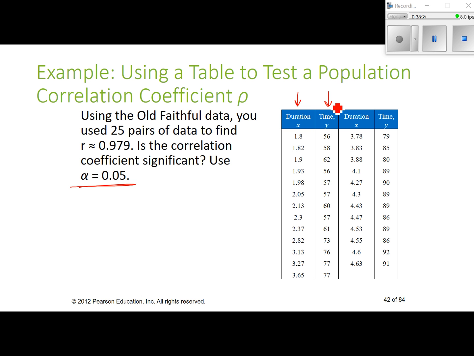And if we are given a number for X, we can make a pretty good prediction, pretty close, on how long it's going to be. If we time how long an eruption of Old Faithful is for, we can make a pretty good prediction using our line of best fit on how long it's going to be until the next eruption.